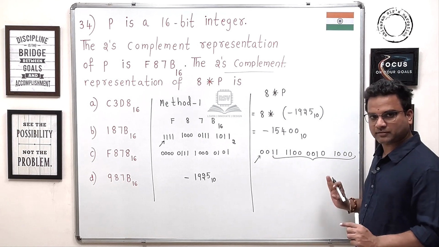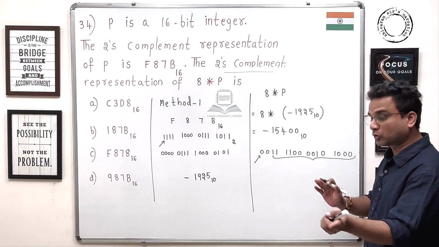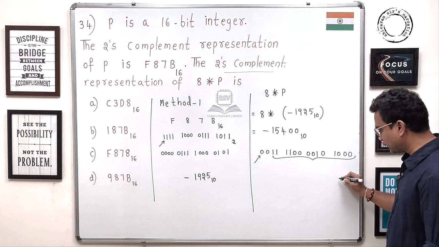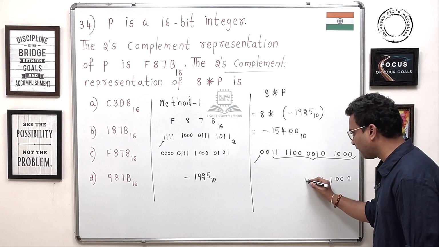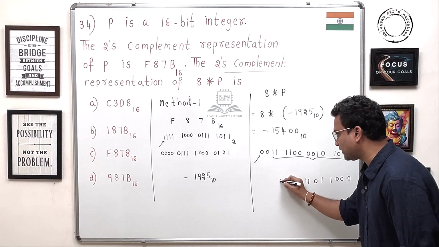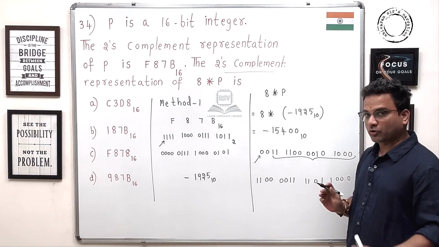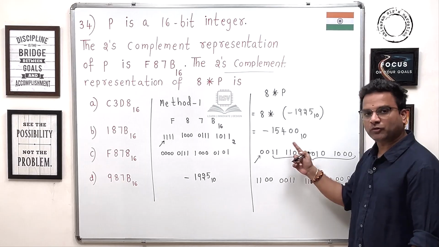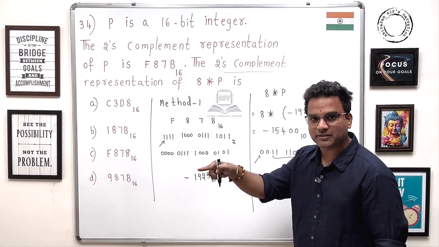Fine, we got this. Again we need to apply 1's complement, 2's complement. Therefore it is like 0001 1011 1100 0011. This one, guys. So we got the 2's complement representation of minus 15400 base 10. Now the options are in hexadecimal, right?